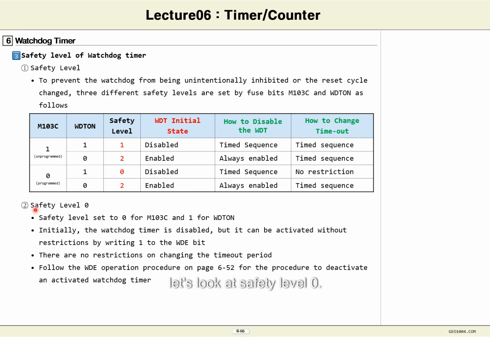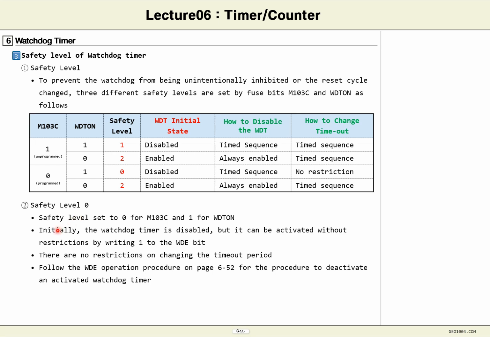First, let's look at safety level 0. Safety level 0 requires WDTON to be 1 and M103C to be 0. You don't need to know exactly what safety level 0 is, because we are not using 103 compatibility mode.